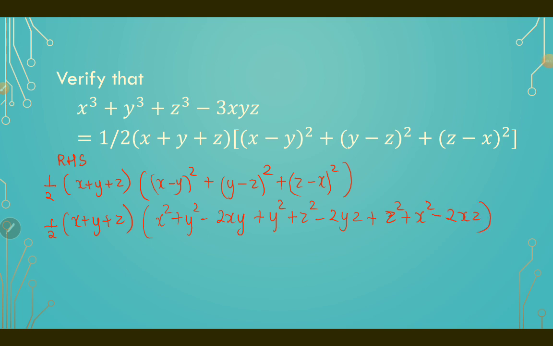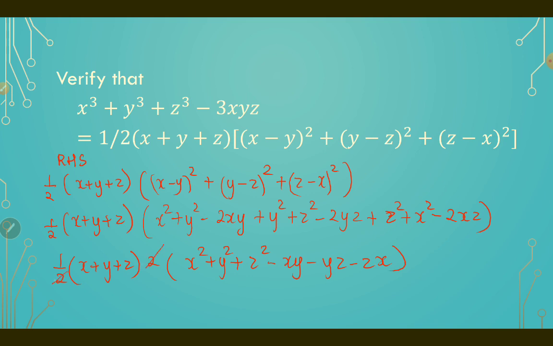So when I add, I get 2 common from this whole thing. So I took 2 common, I get x² + y² + z² − xy − yz − zx.